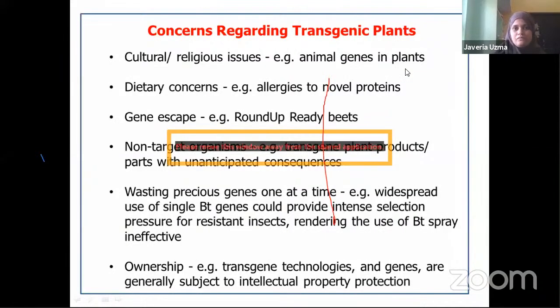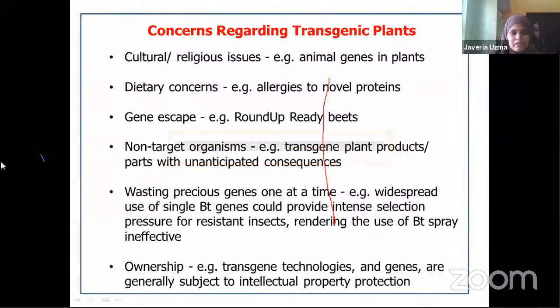That is one of the concerns. Then dietary concern, because when you introduce novel proteins into plants, they may cause allergies. Then there is gene escape, meaning weeds which are now herbicide sensitive may become tolerant in due course of time.